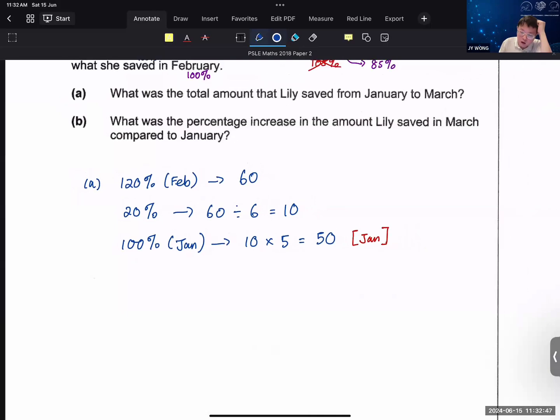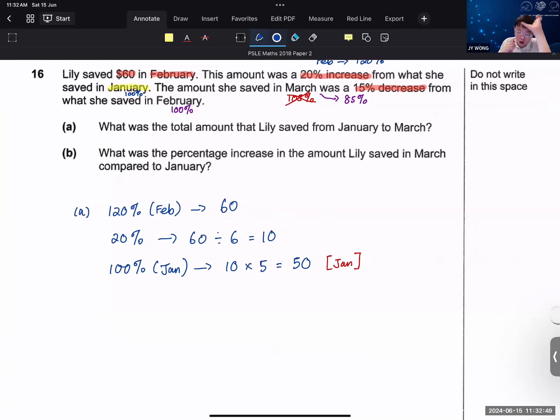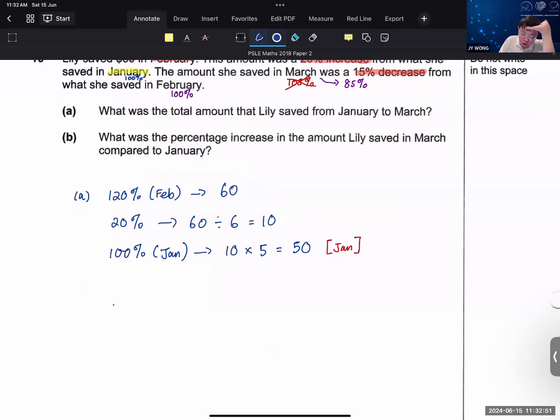But in the second set of comparison, now February is your 100%, no longer 120%, because we are comparing against something different now. And it is the basis of the comparison. So February will be your 100% now when you're comparing against March. Okay? Same thing, this one you want to find 85%, so it's a bit more challenging.